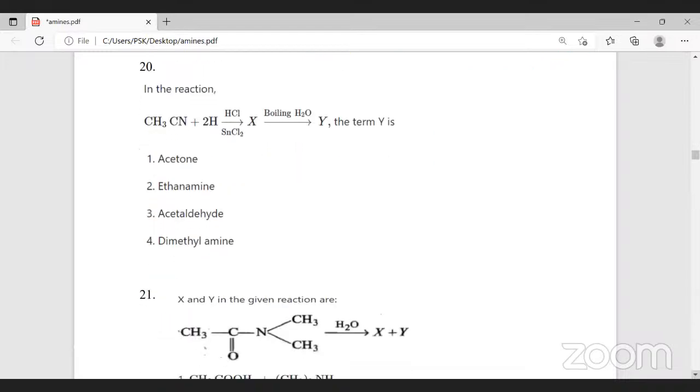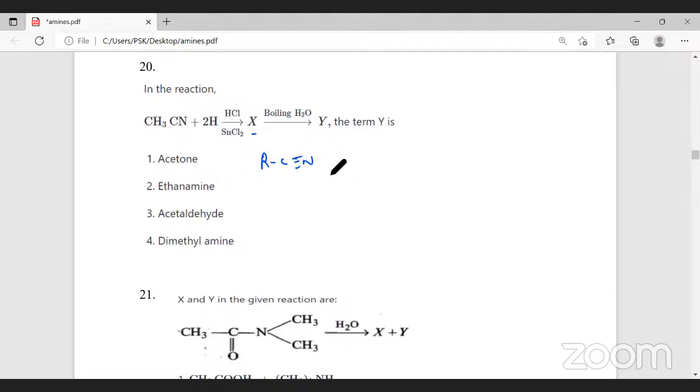The next question. In the reaction, acetonitrile on reduction with HCl and stannous chloride gives X. When you boil with water, you get Y. The term Y is? Now, the general reaction we will write: R C triple bond N, where R is CH3 here.